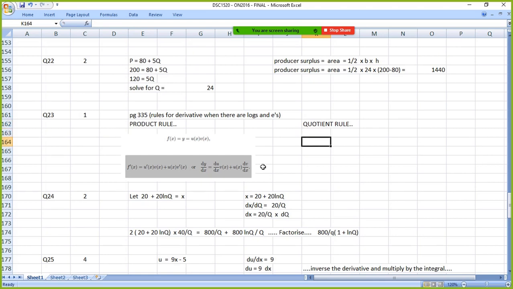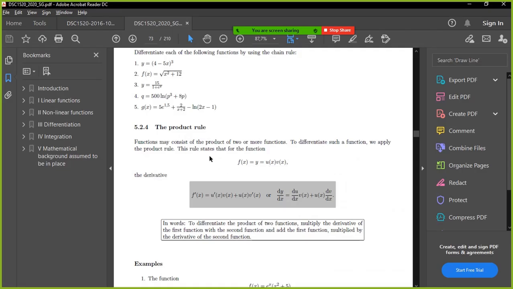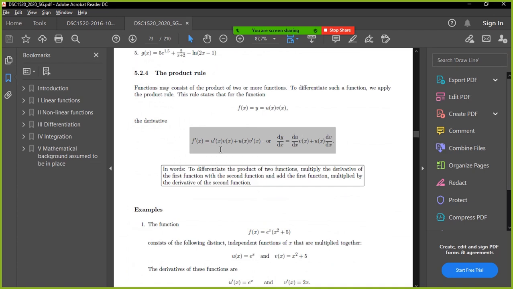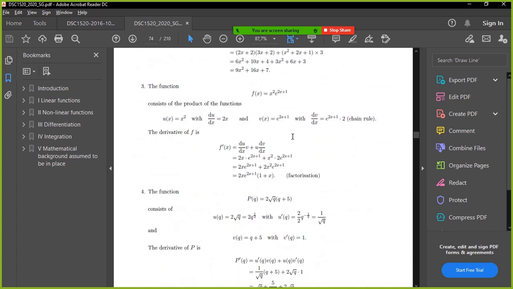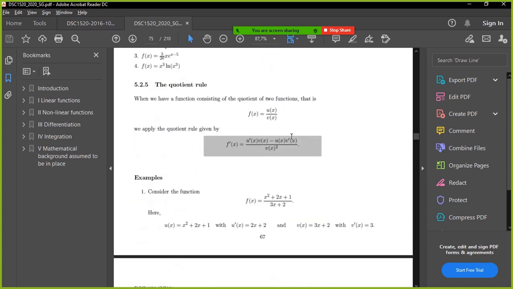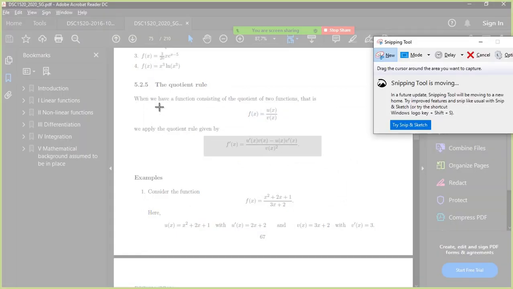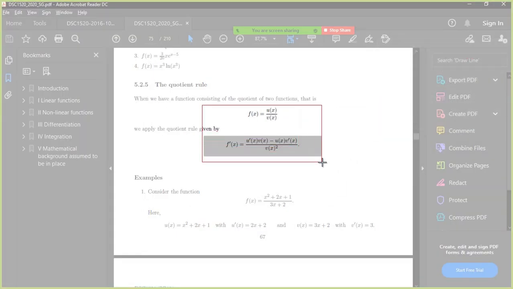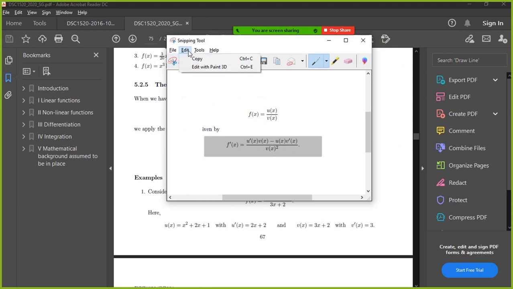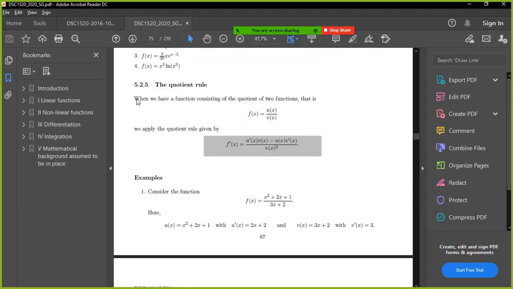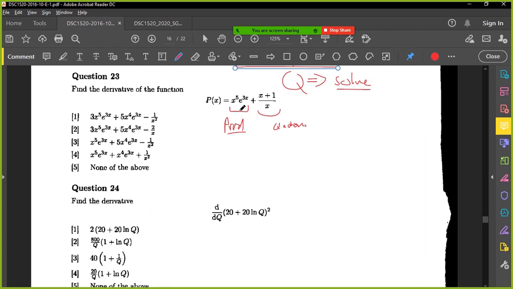Okay, so product rule and quotient rule. Obviously, this is the product rule. You'll apply that to the first one, and then you'll apply this to the second one. Does that make sense? Yep. Just be careful with these ones because they've given you two terms.